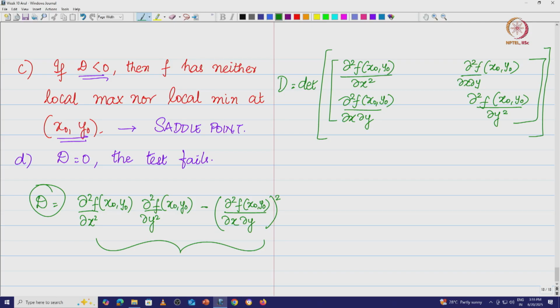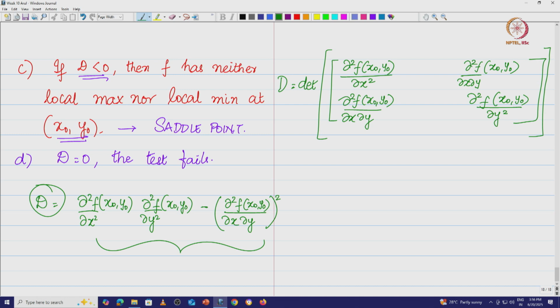In fact, the idea of positive definite and negative definite is also related to the eigenvalues. A real symmetric matrix is said to be positive definite if all the eigenvalues of the matrix are positive, positive semi definite if all the eigenvalues are greater than or equal to 0, negative definite if the eigenvalues are all less than 0, negative semi definite if the eigenvalues are all less than or equal to 0, and if the eigenvalues are both positive and negative, then you call that matrix indefinite.